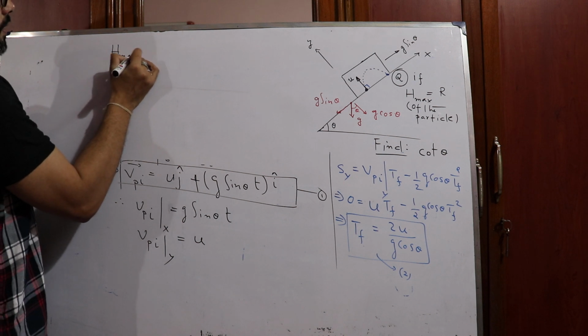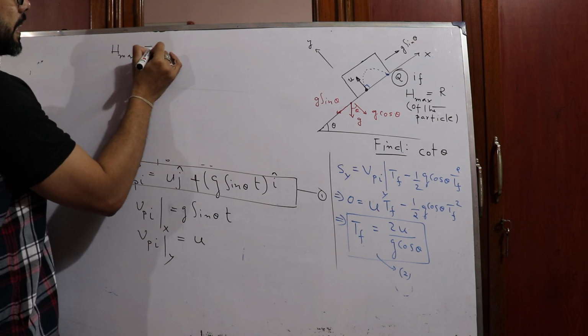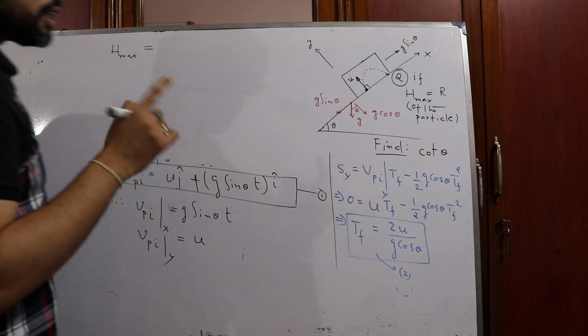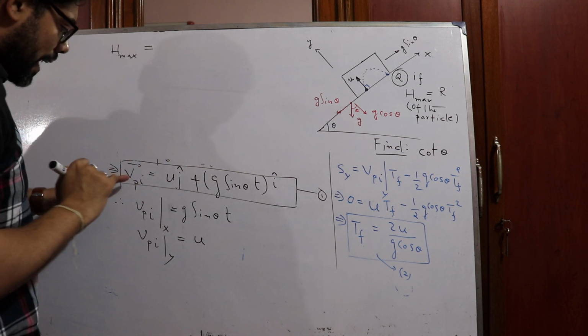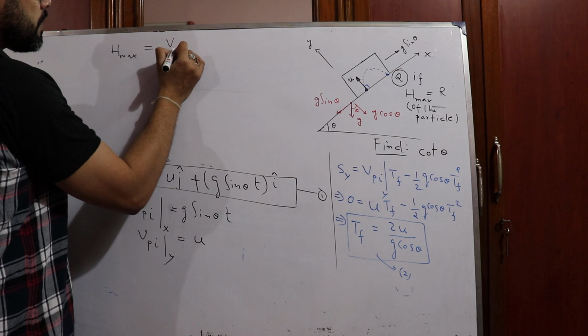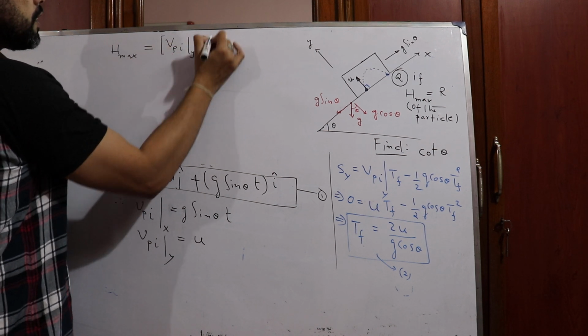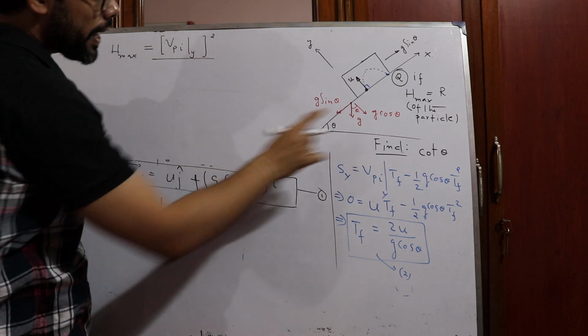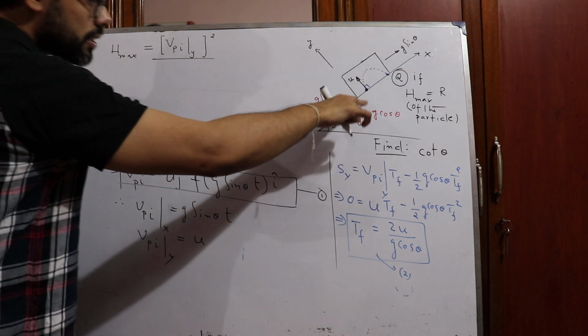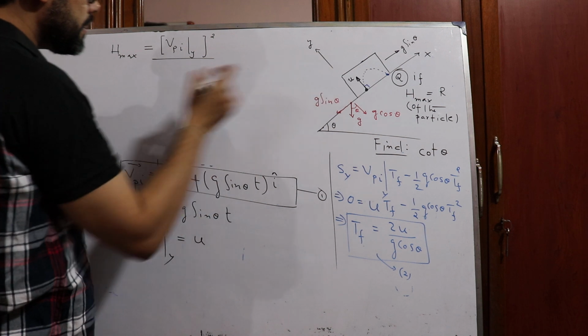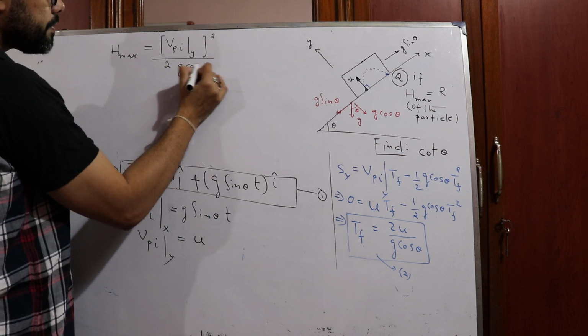So now you see H max. What is H max? H max is definitely u square by 2g. So the velocity of the particle with respect to the incline, its y component whole square, divided by 2 times the value of retardation, so 2g cos theta.